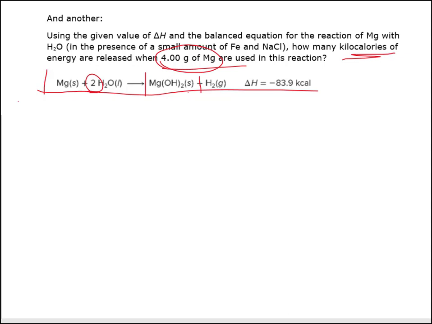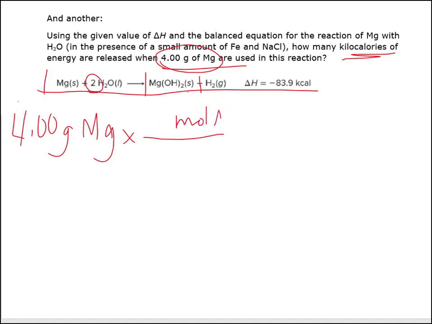So this is my starting point, 4.00 grams of magnesium. Now hopefully you remember from Gen Chem 1, anytime I have grams of something, I need to get to moles of something. And by doing that, I just need to look at my periodic table and look at that molar mass. So what do I want? I want moles of magnesium.